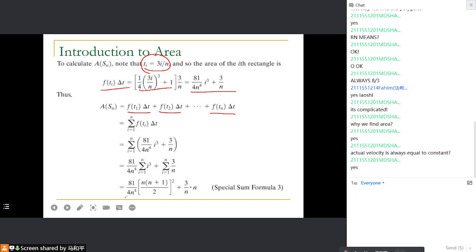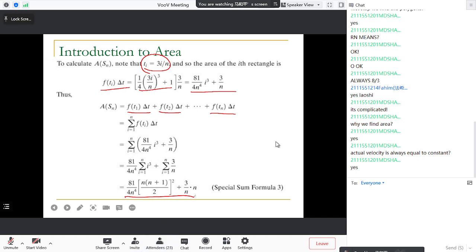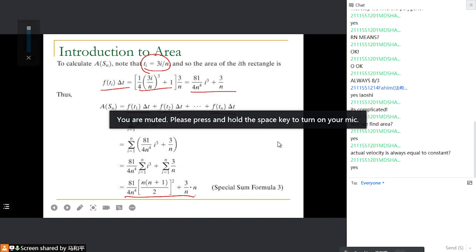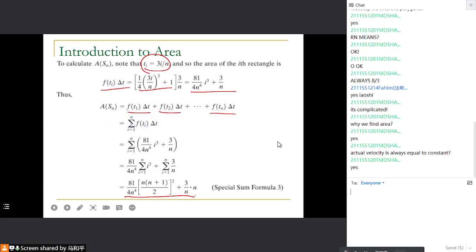And we use the special sum formulas, special sum formulas 3. And then we take the limit as n approaches infinity. Can you solve this limit?